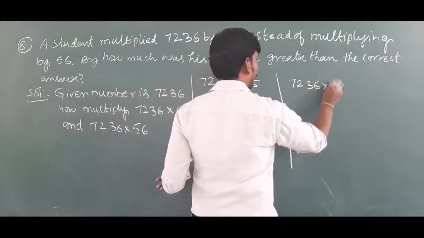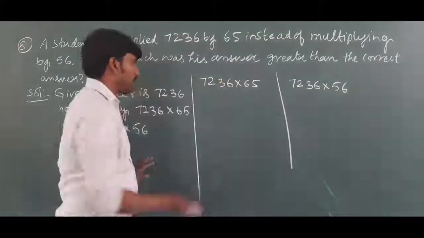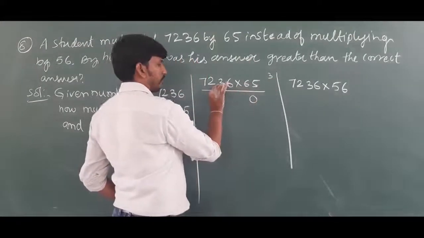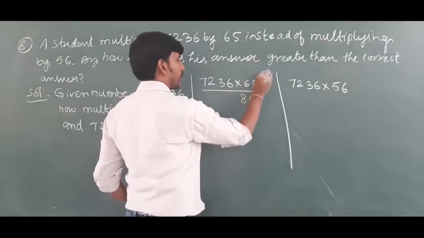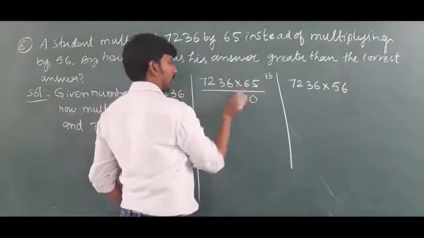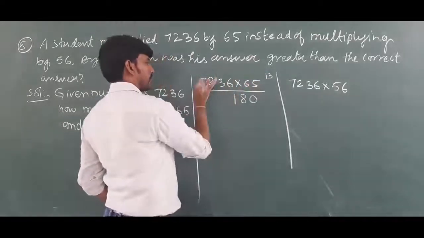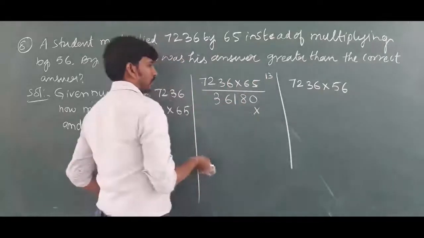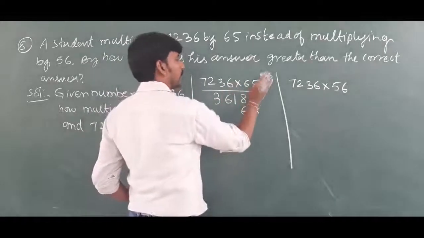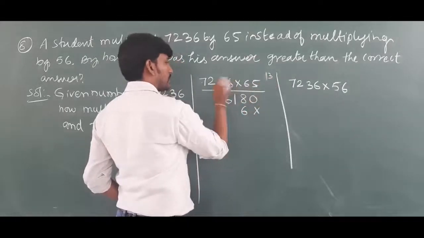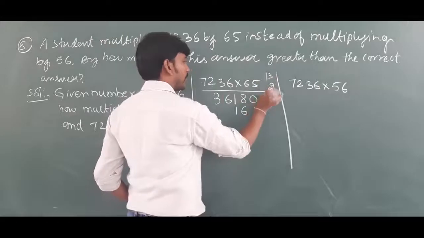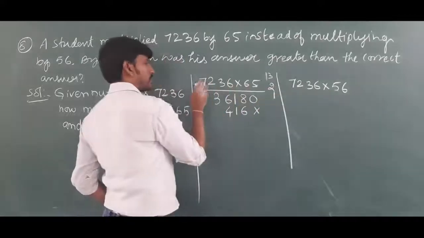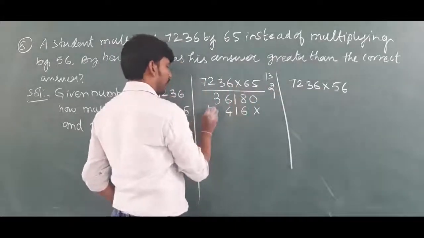Okay, now see here. 6 5s are 30, 3 carry forward, 5 3s are 15 plus 3 is 18, 1 carry forward, 5 2s are 10 plus 1 is 11, 1 carry forward, 5 7s are 35 plus 1 is 36. Then 0. 6 6s are 36, 3 carry forward, 6 3s are 18 plus 3 is 21, 2 carry forward, 6 2s are 12 plus 2 is 14, 1 carry forward, 6 7s are 42 plus 1 is 43.